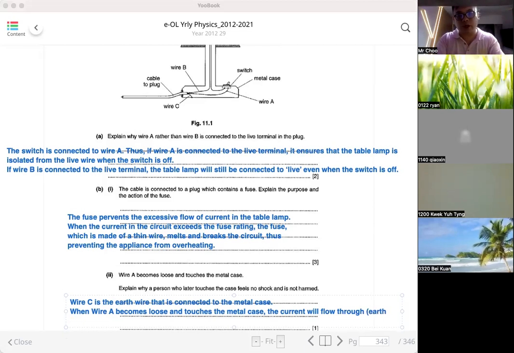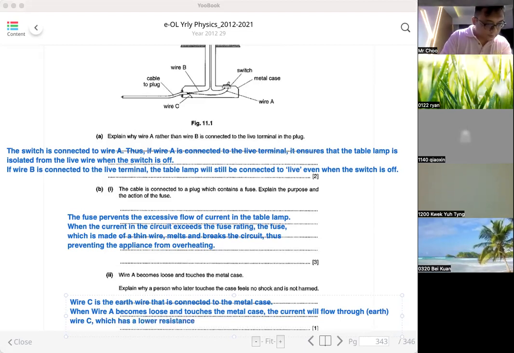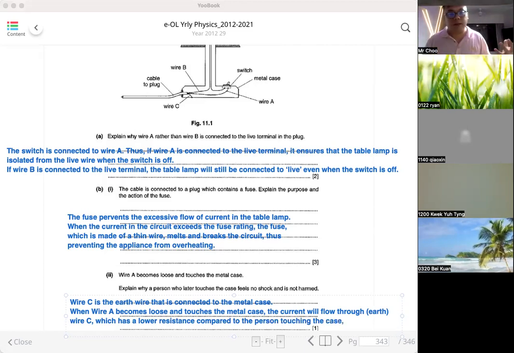Why will it flow through wire C and not to you? Because wire C has a lower resistance compared to the person touching the case. Clear? So wire C, which is the earth wire, has a lower resistance. So the current will flow through wire C rather than flowing through you.